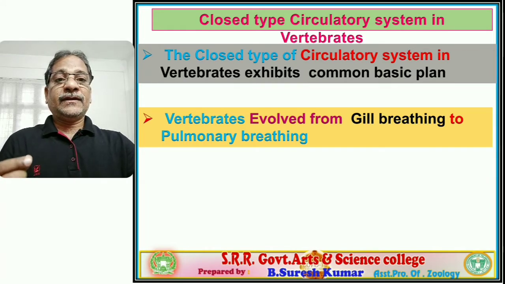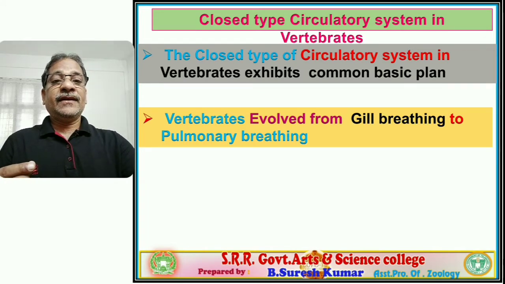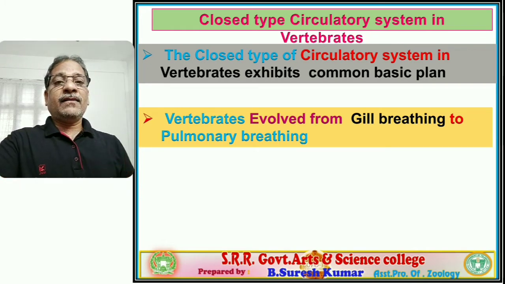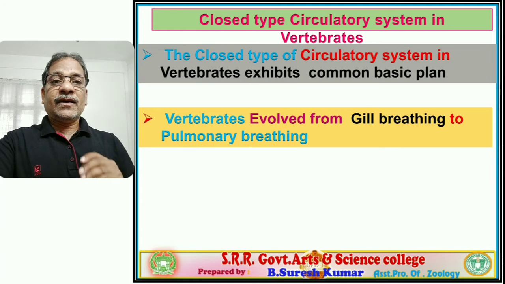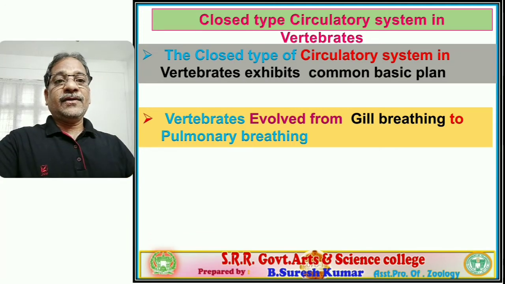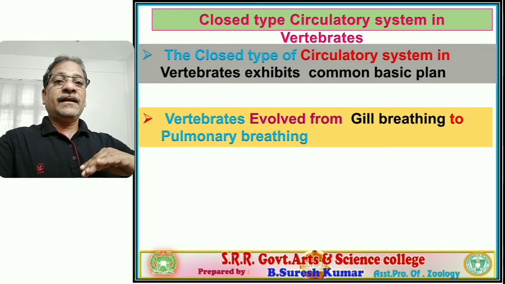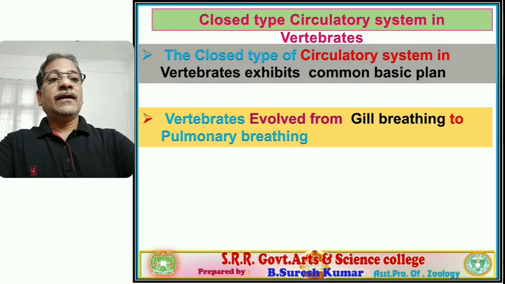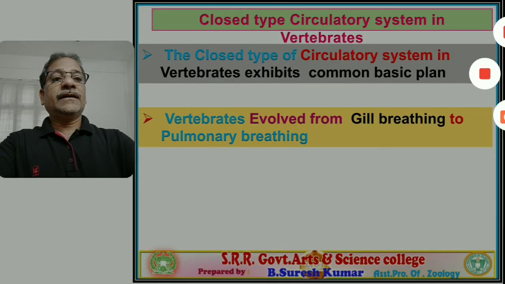After fishes, amphibians partly live in water and partly on land. After amphibians, reptiles live completely on land. So from aquatic gill breathing, they completely evolved to pulmonary breathing, and birds also, mammals also. Follow? Right?